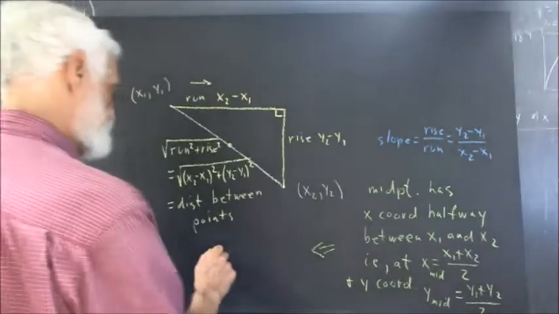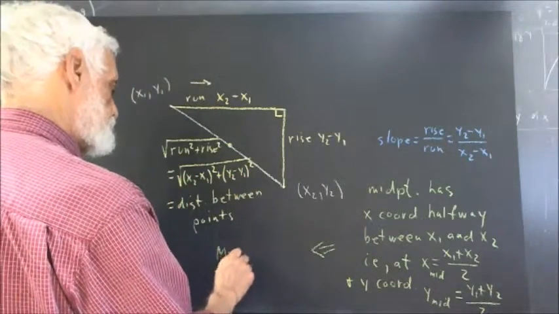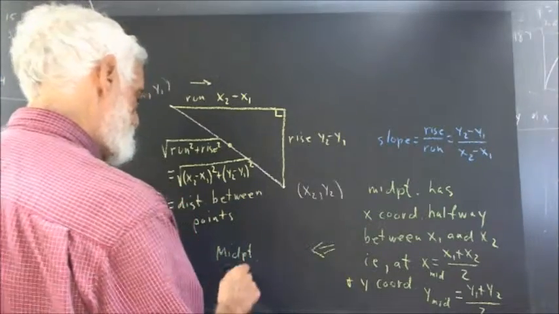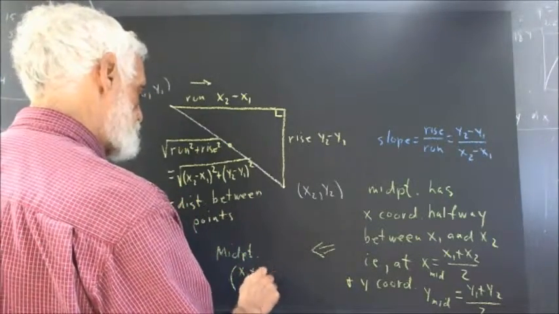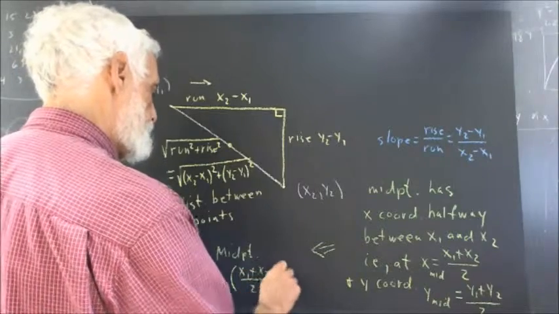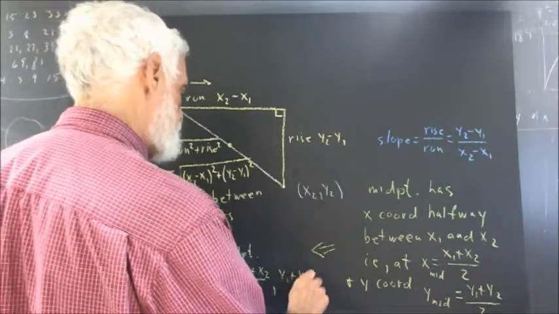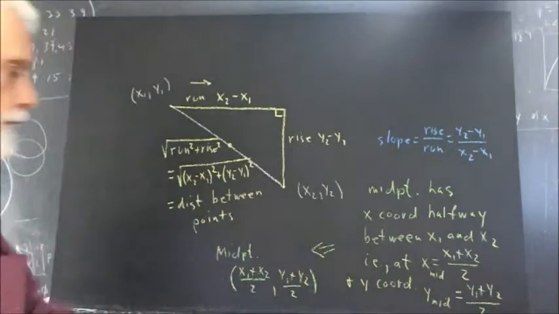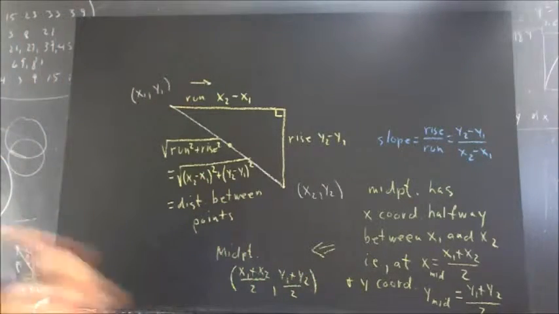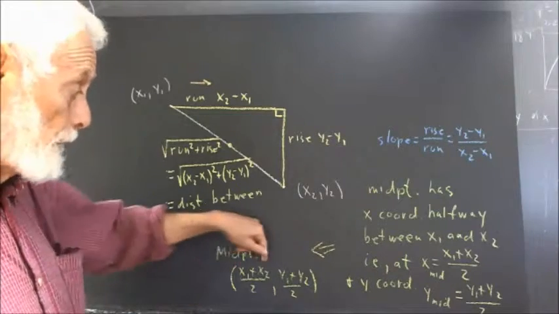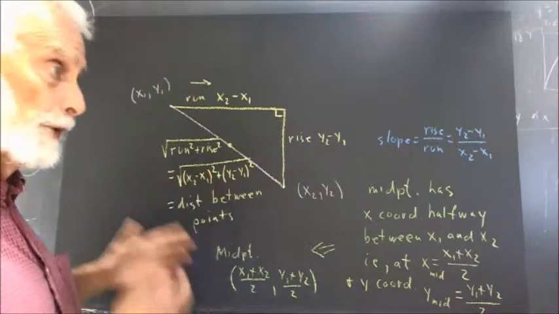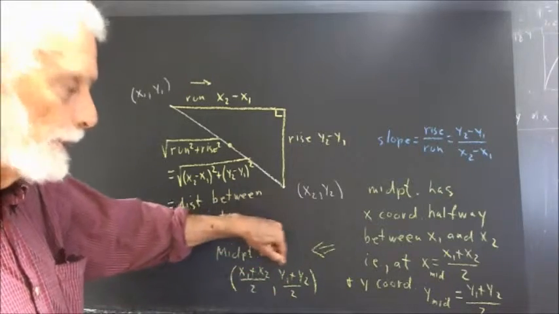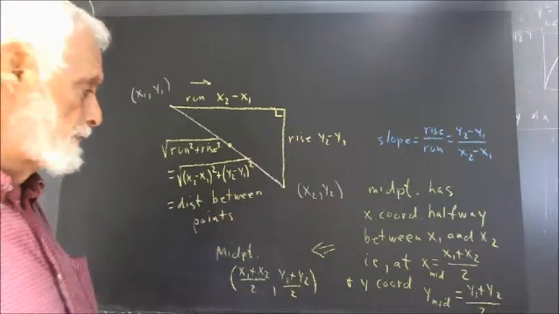So the midpoint is x1 plus x2 over 2, y1 plus y2 over 2. And really, if you look at the formula, you see that. x1 plus x2 over 2 is halfway between x1 and x2. y1 plus y2 over 2 is halfway between y1 and y2.